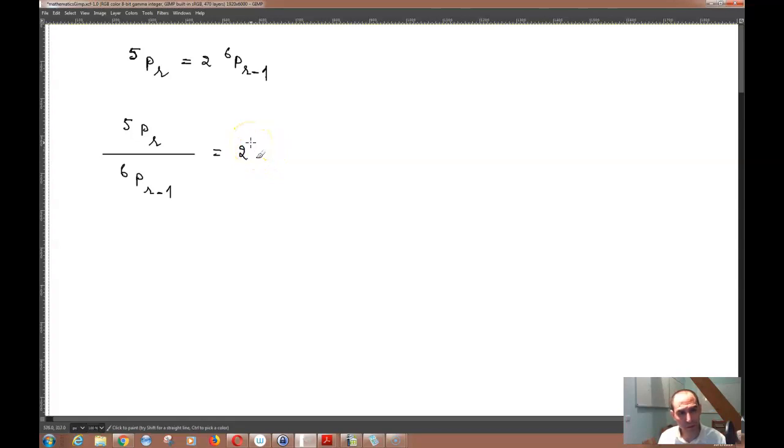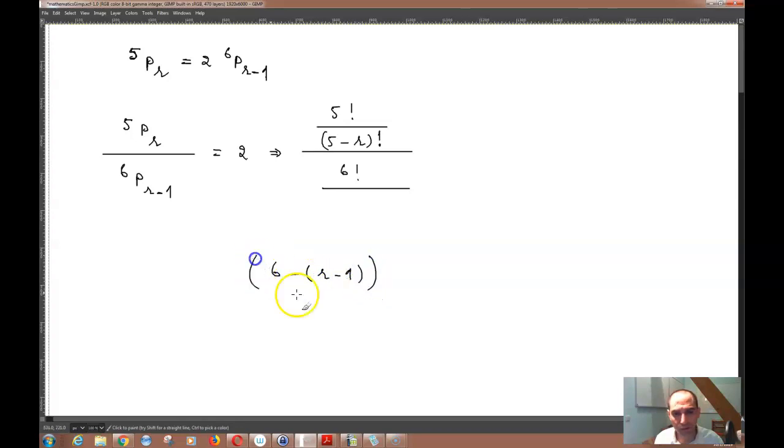Now we need to simplify these two, and of course that is equal to basically 5 factorial over 5 minus R factorial, and then over here you have 6 factorial over, well, 6 minus R minus 1 factorial, which is equal to 6 minus R plus 1 factorial, which is equal to, well, 6 plus 1 is equal to 7 minus R factorial.